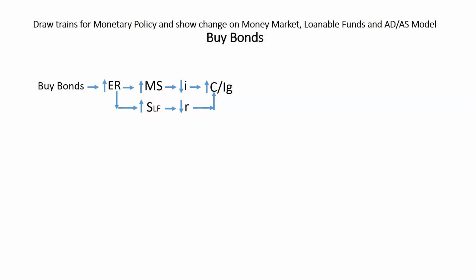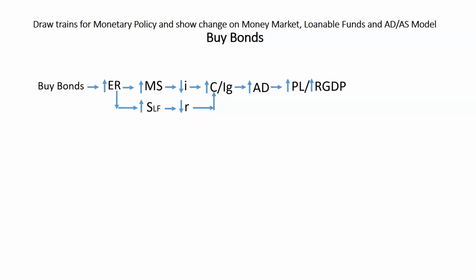And the IG there, that gross private investment, is what the real focus is when we talk about the real interest rate. An increase in consumption and investment spending causes an increase in aggregate demand. An increase in aggregate demand causes an increase in price level and also an increase in real GDP.